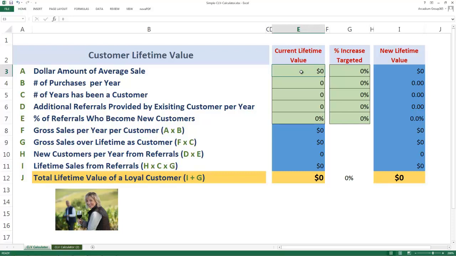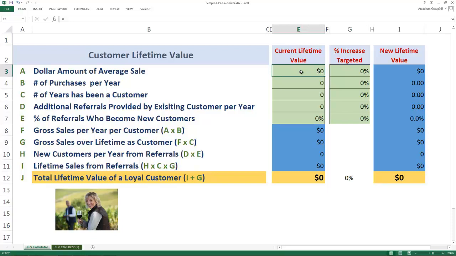But assuming you're a business owner today, I'm going to give you an example of a couple of industries and let you see just how quickly customer lifetime value can be multiplied and grown if you get your customers coming back over and over again, and particularly when you see the power of having referrals.